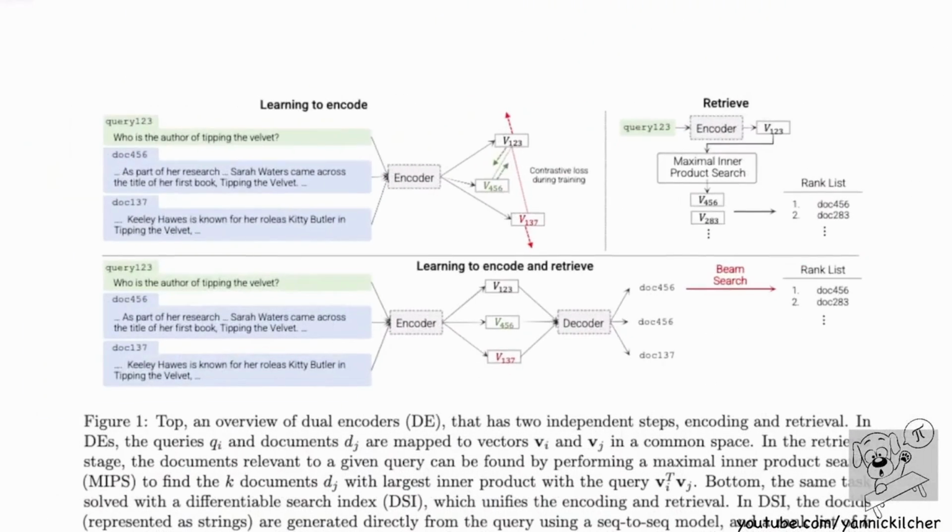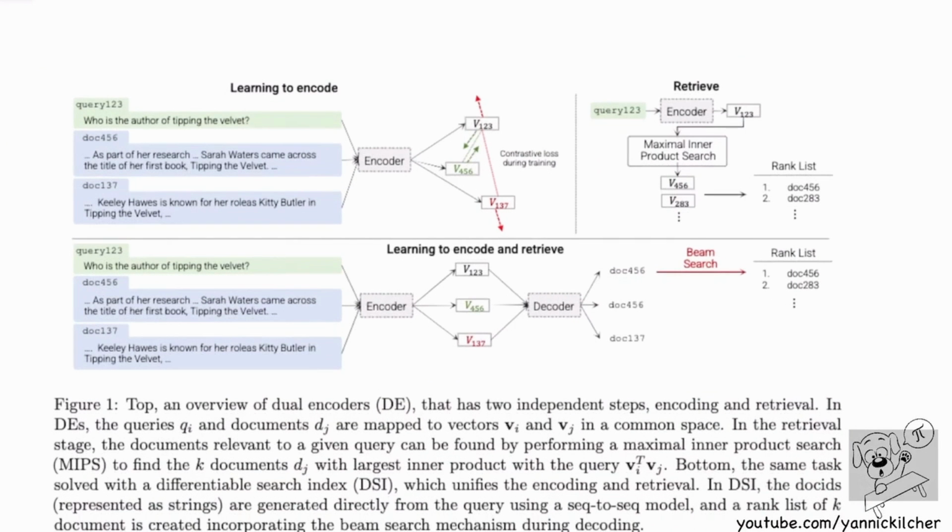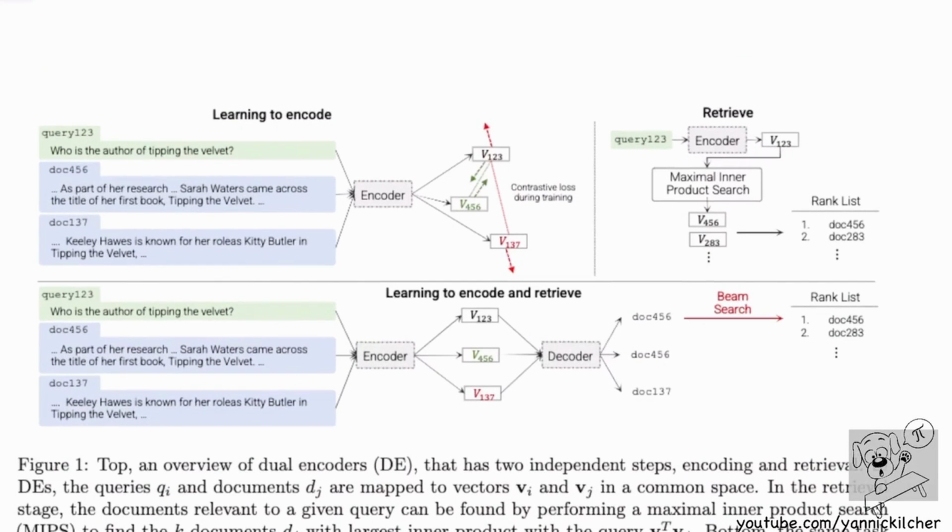So here is a comparison of the dual encoder method, which is the, let's say, old classic neural search method, not the BM25 retrieval, but the neural search method, and this DSI, the differentiable search index. In the dual encoder method, we train an encoder, and in this case, they train one encoder for both the queries as well as the documents.